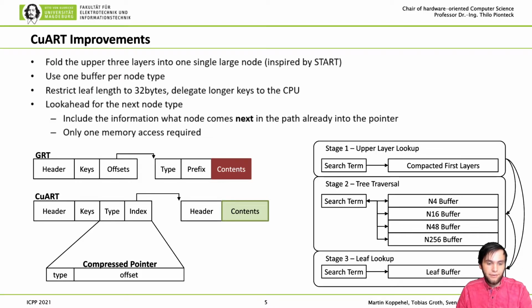We did this by implementing a compressed pointer where we have the type encoded into the 8 most significant bits of the 64-bit pointer value and masking these out for the complete memory transaction to read the node.